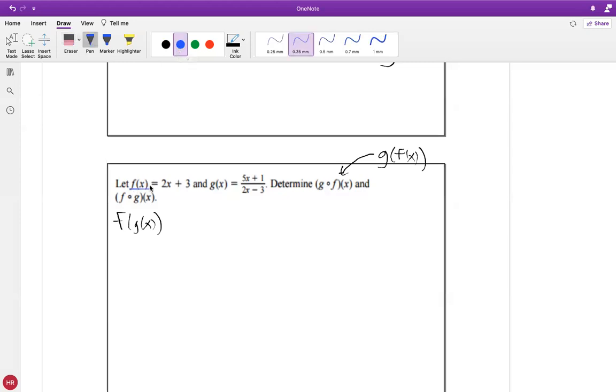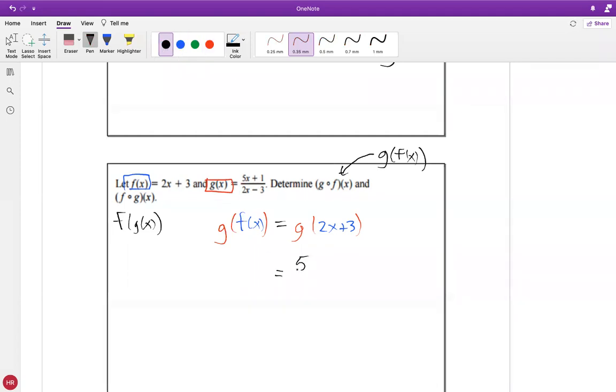Let's make this one blue and this one red. So the first problem is g of f of x. So I do g of f of x. And that is equal to, you can also call that g of 2x plus 3. I'm going to put this in everywhere I see an x in this one.